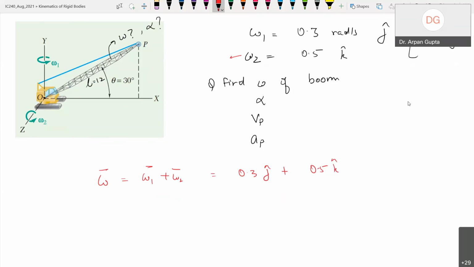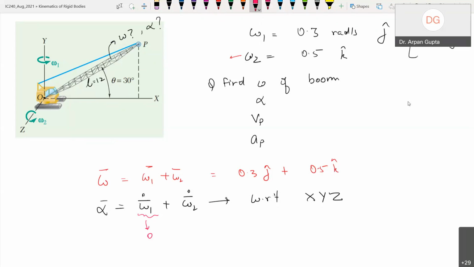Now we want to get the angular acceleration of the boom, alpha. To do this, we differentiate this equation and get omega 1 dot plus omega 2 dot. This is with respect to capital XYZ, since we want to measure with respect to the fixed reference frame. However, the first term is 0 because omega 1 is constant with respect to capital XYZ.